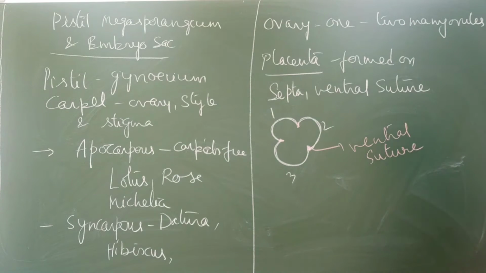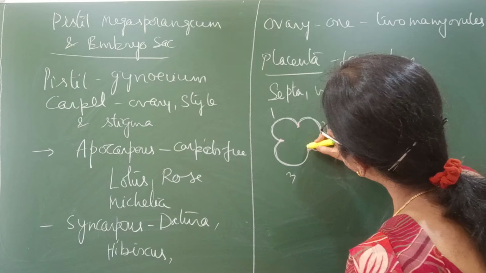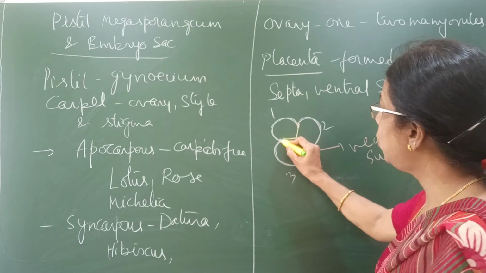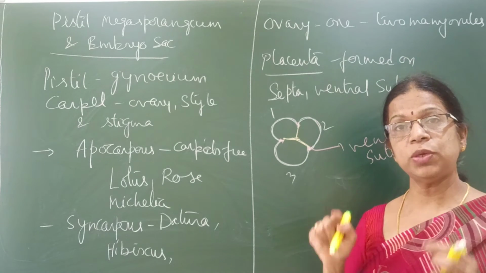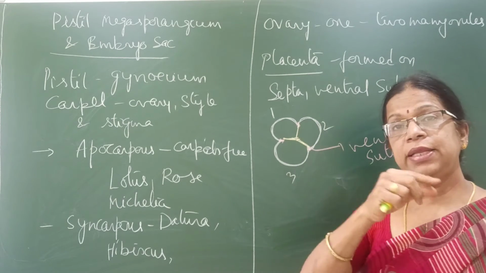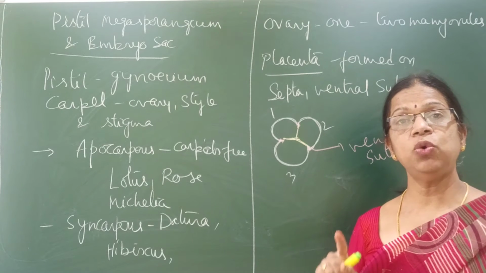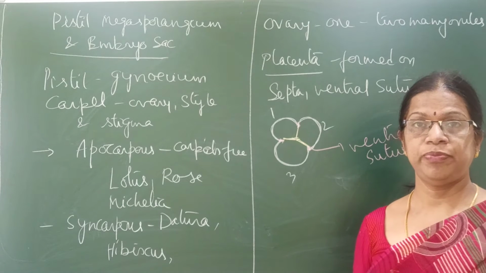When the ventral suture grows up to the center, that partition is called a septum. If the septa divide the ovary completely, it is called a true septum.